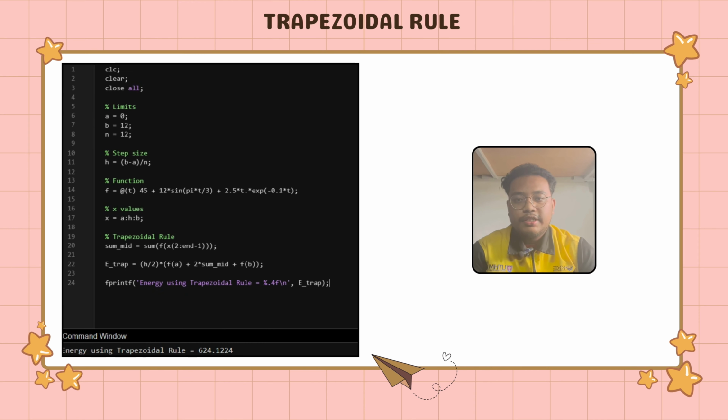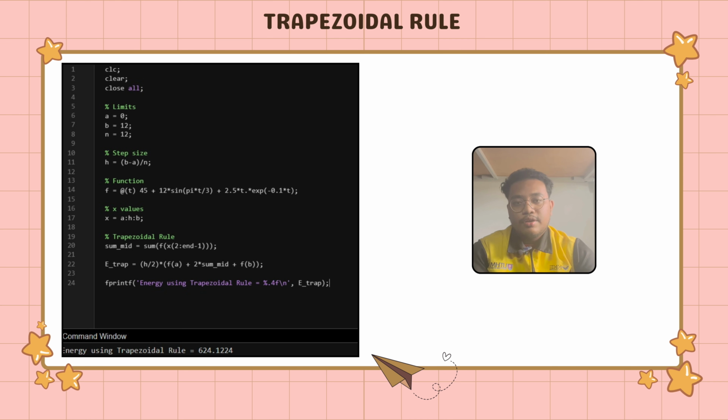For the trapezoidal rule MATLAB simulation, we need to set up our code. The first step is the limits: a equals 0, b equals 12, and n equals 12. Then we set up our step size, h equals (b minus a) over n.